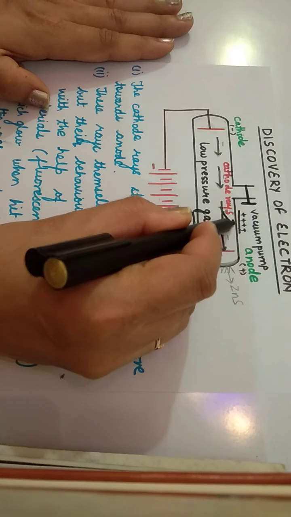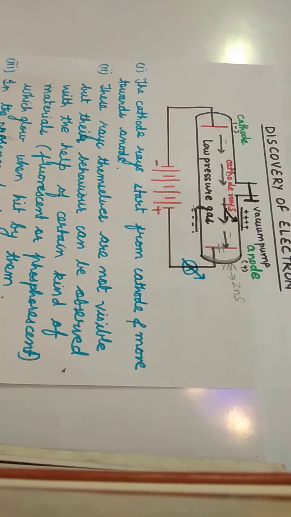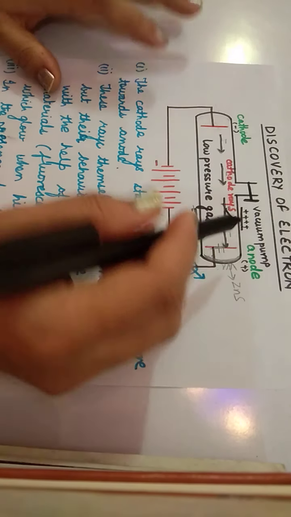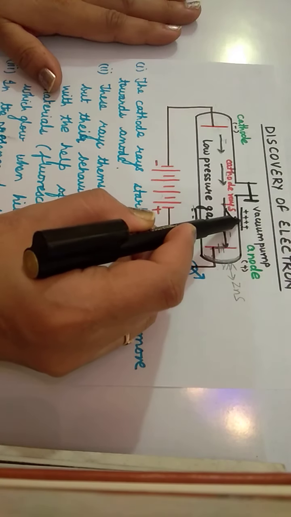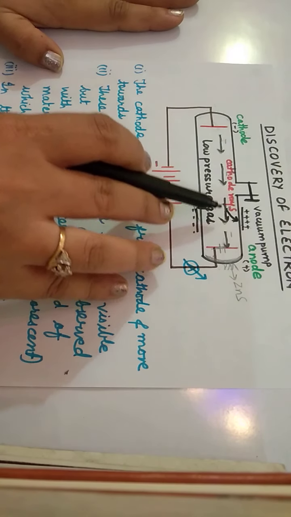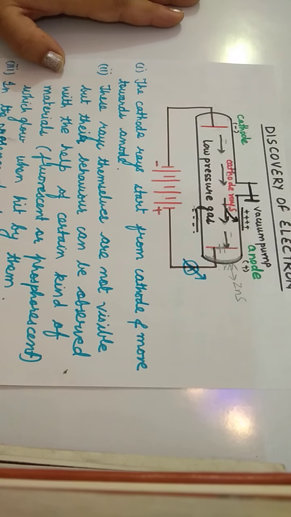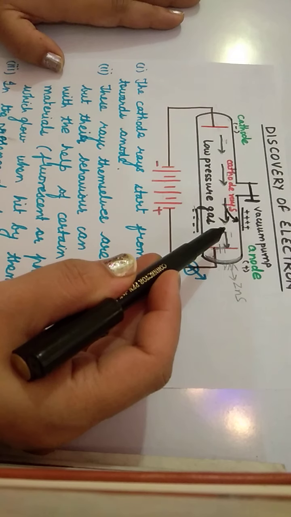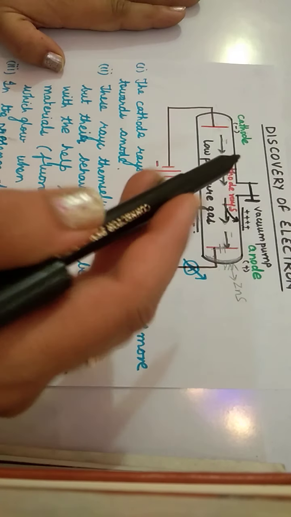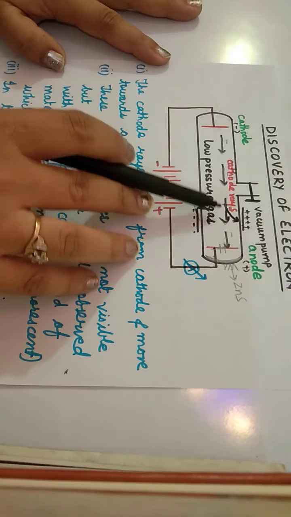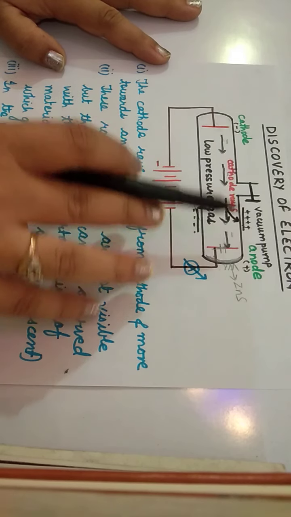So a deflection is observed, and that too towards the positive charge. Thus, we can conclude that it is a negatively charged particle because it gets deflected towards the positive charge. And after that he named it electrons.